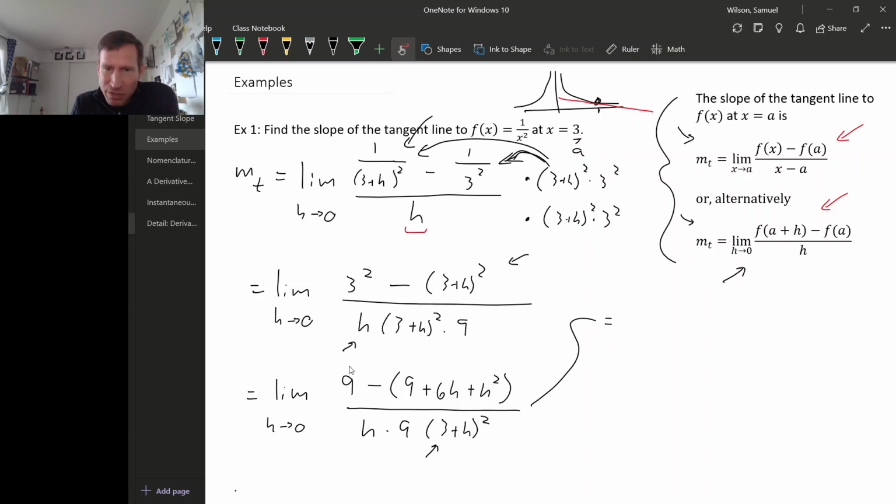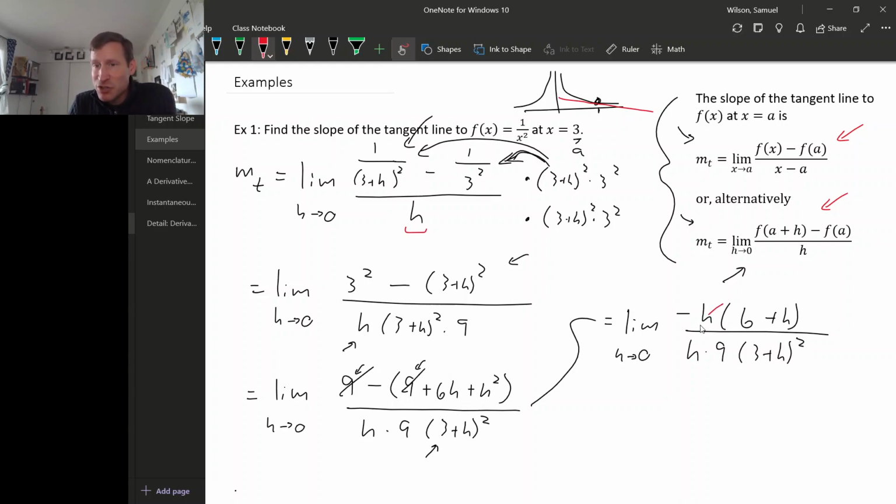Now continuing to simplify the numerator, this 9 is positive, that 9 is negative, so these cancel. So we get the limit as h goes to 0. Everything else in the numerator has a factor of h, so now we can factor out that h, and that's going to leave us with negative 6 minus h. And then in the denominator, h times 9 times 3 plus h squared. And now we can simplify this h away. Success!